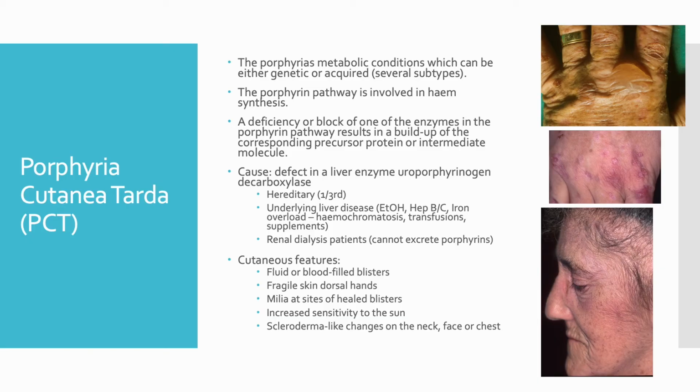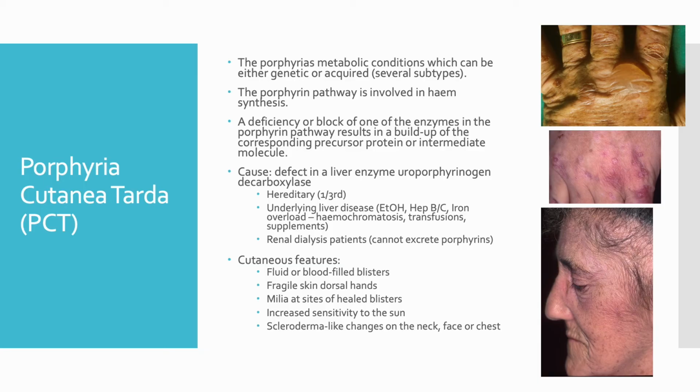There's often an inherited predisposition to this condition, but it's brought out by various toxins, including alcohol, hepatitis B and C, HIV, hemochromatosis, iron overload due to supplementations and transfusions. It can also be seen occasionally in dialysis patients who can't excrete the relevant porphyrins effectively.